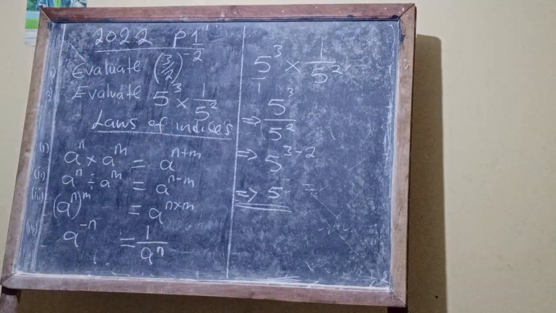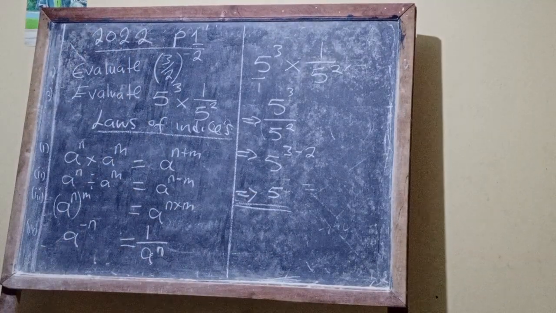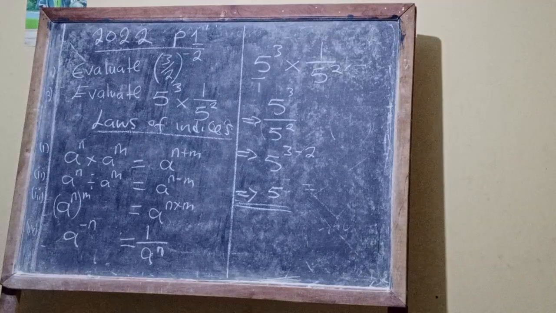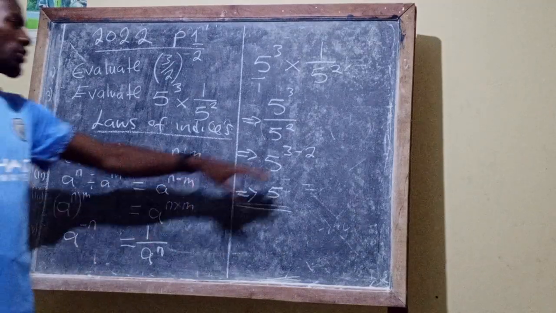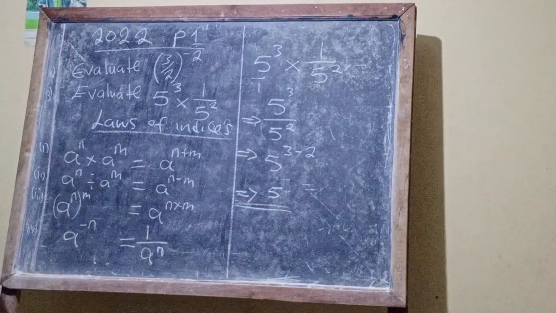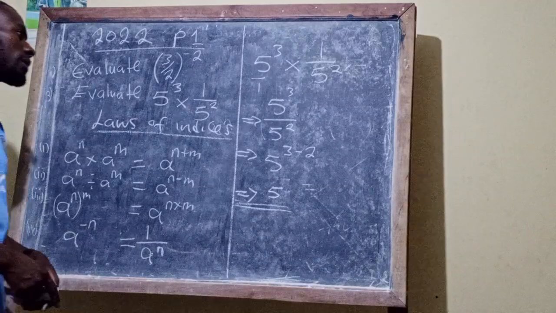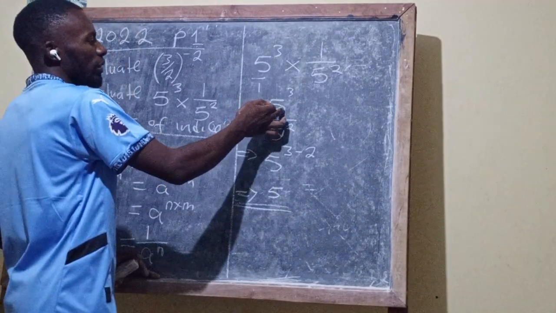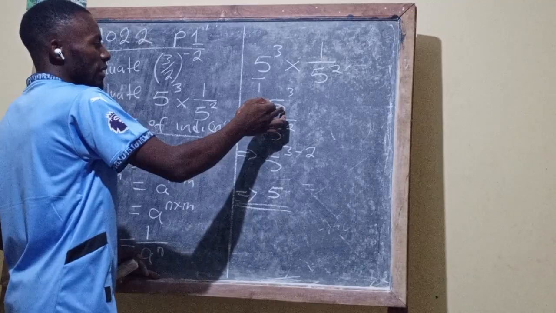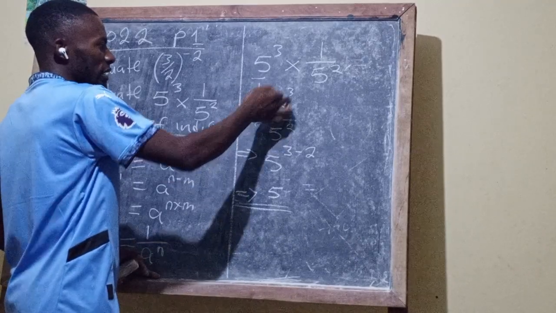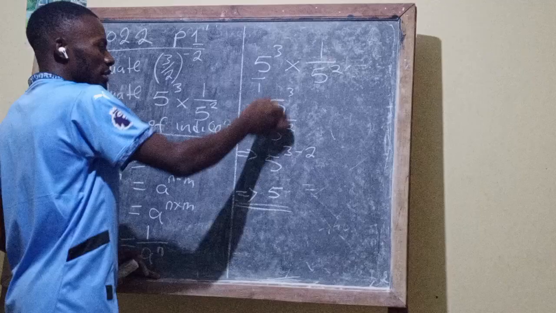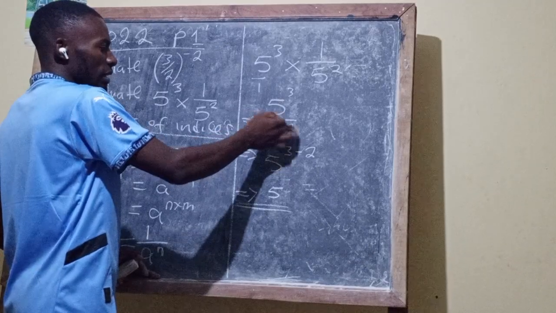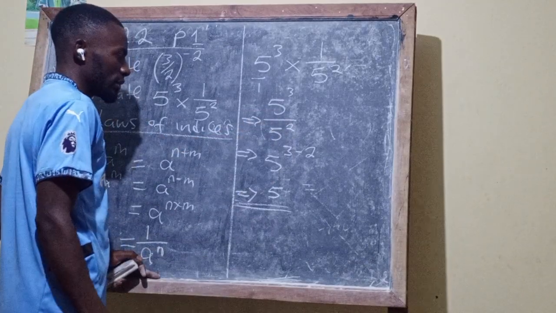Okay. So we can also go on with the expansion, if you don't want to go with this method. So how do we go by expansion? When you look at this one, how many 5s are multiplying themselves? They are multiplying 3 times. The 5 here, they are multiplying 2 times.